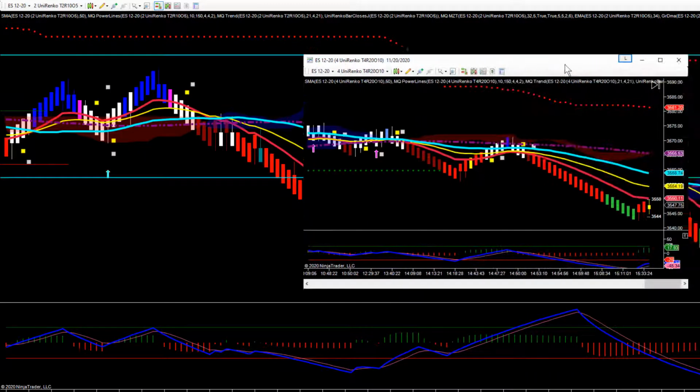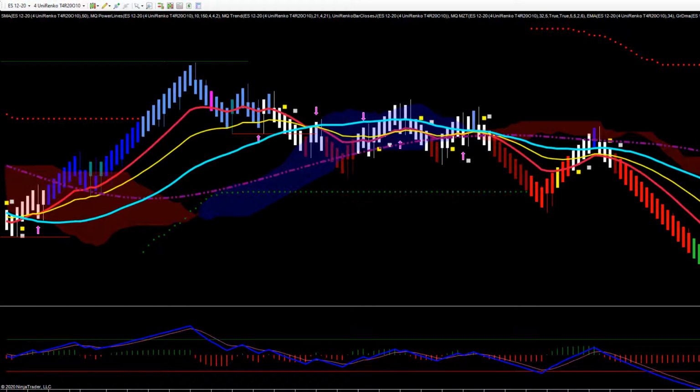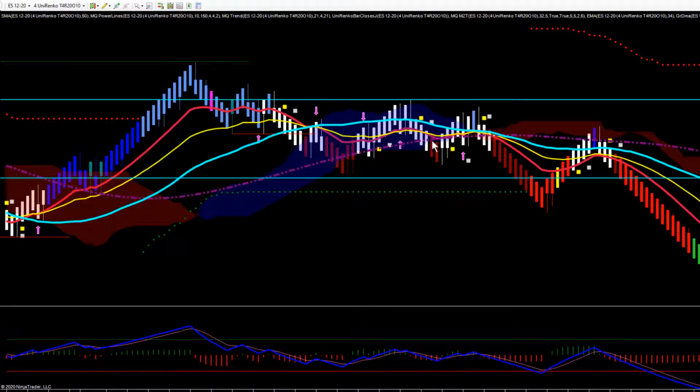That was our small bar chart. We had a couple opportunities off of the large bar chart. Again, coming into the afternoon session, we were pivoting between this significant pivot low right here, which was also your session low, and this significant pivot high right there.